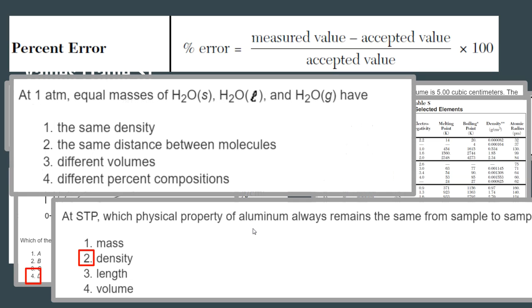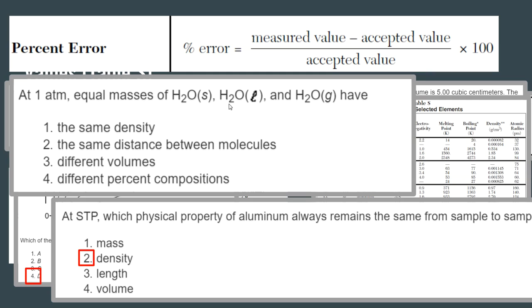Next problem. At 1 atmosphere, equal masses of solid H2O, liquid H2O, and gaseous H2O have... This is asking you to apply knowledge of how solids, liquids, and gases behave. And you should note that solids are going to be generally more compact compared to gases, which are more expansive.